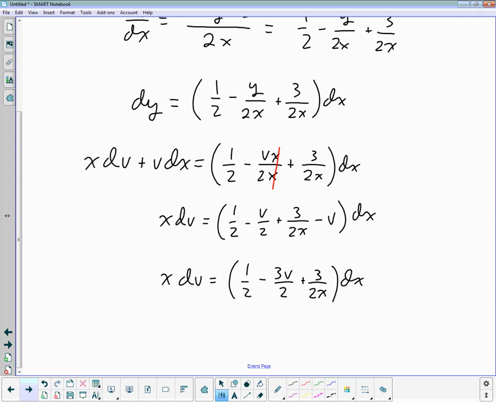How nice is this one going to play? So, my question is, is this going to be separable? Can we pull?